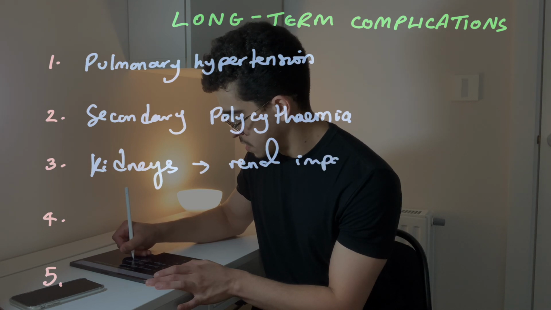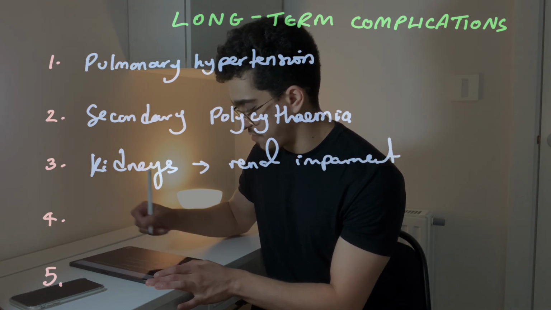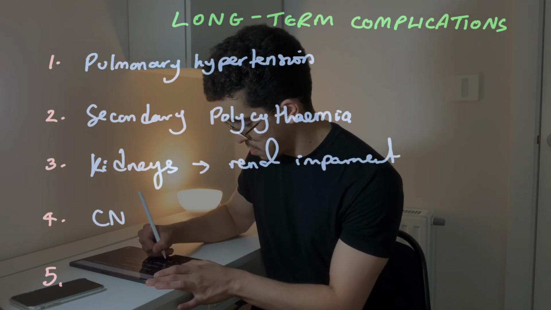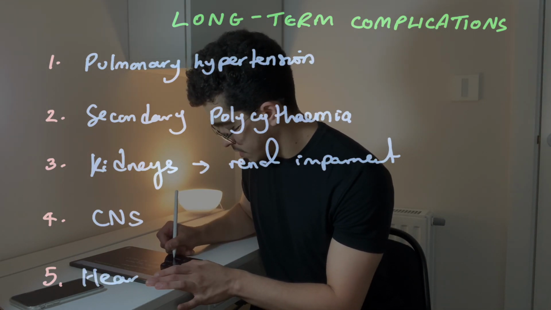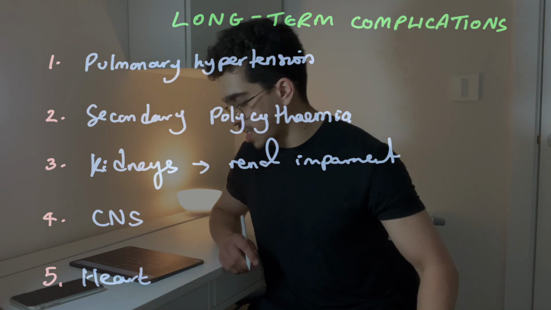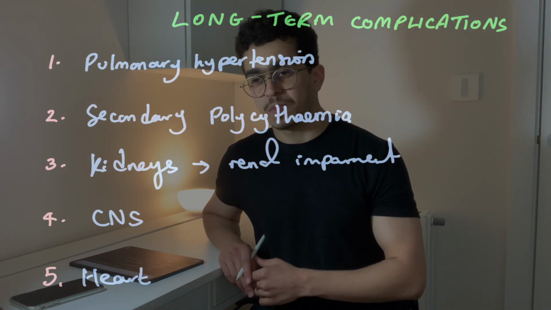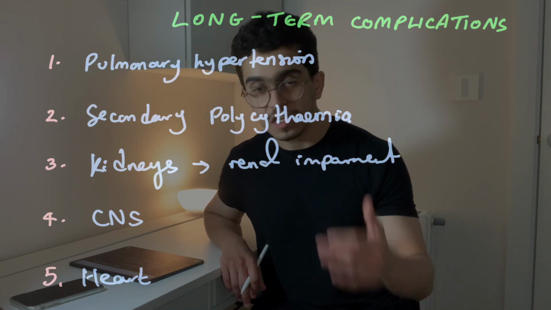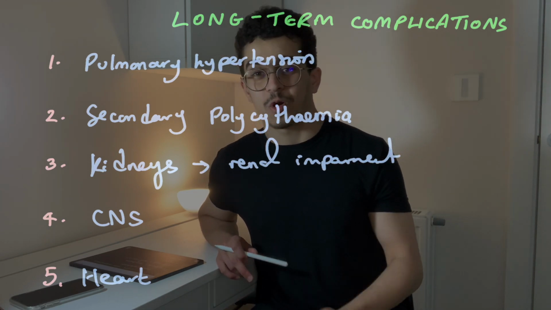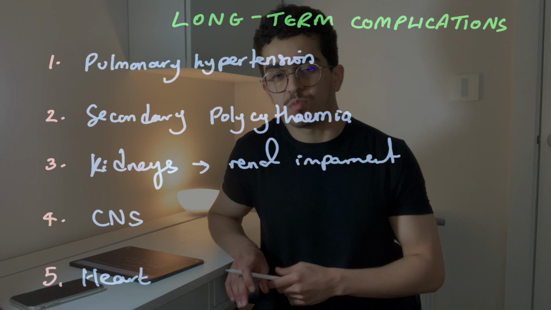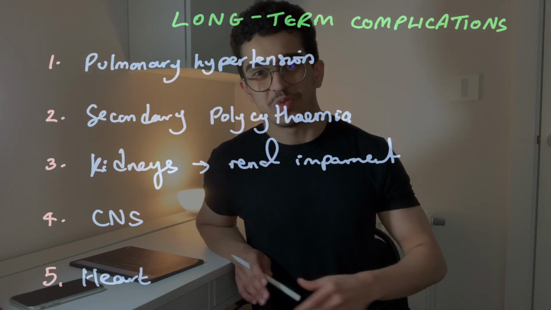It affects the CNS, and it's also going to affect the heart. So pulmonary hypertension, secondary polycythemia, it's going to affect also the kidneys and the CNS, the central nervous system, and the heart. So this is just like a brief overview about type 1 respiratory failure.